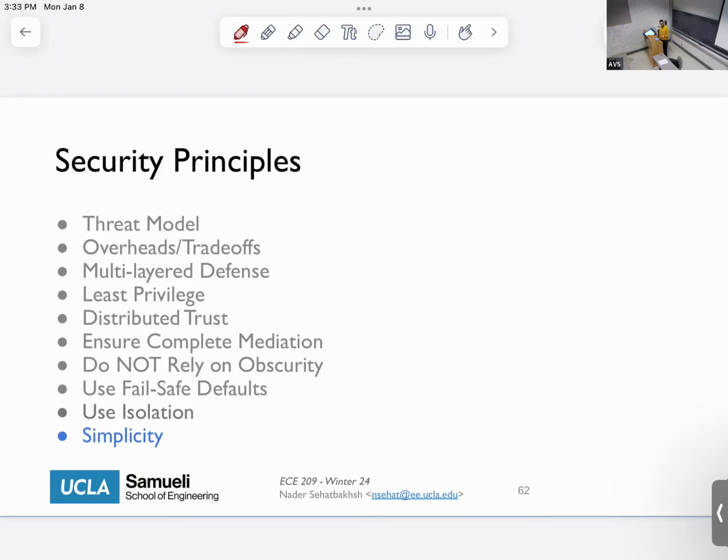If your system is as simple as possible, maybe 10 lines of code, it's much easier to verify those 10 lines than a million lines of code. But again, things are not that simple. You need more features, so you add more things, and your system becomes more complex as time moves on. But if you think about policies, think about the simplest policy to achieve a particular security.